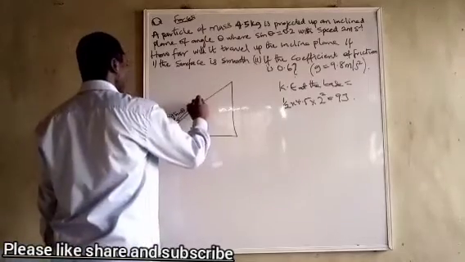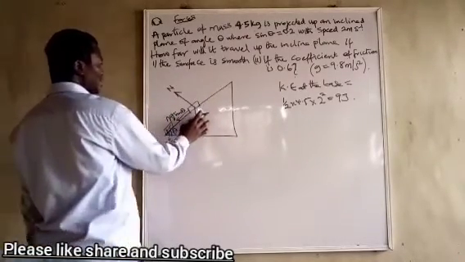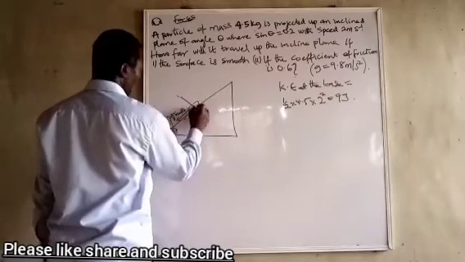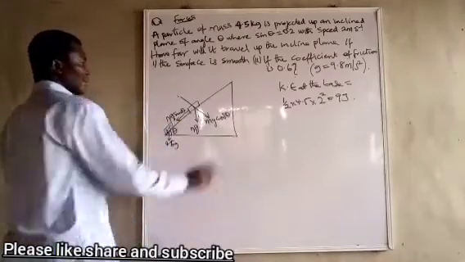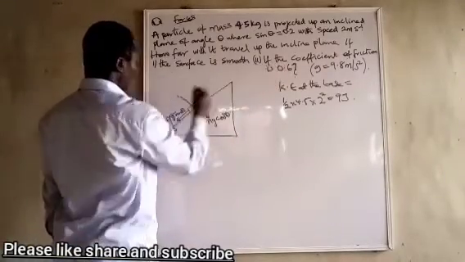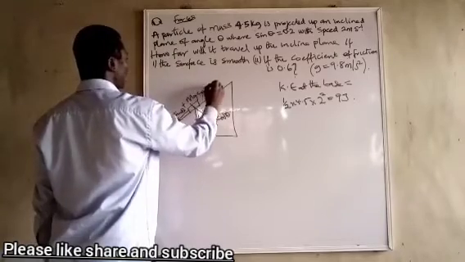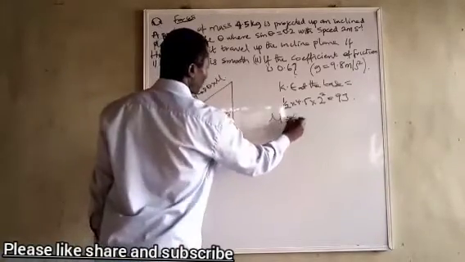At the same time, there is a normal to this surface from the component of the weight, mg cos theta, and you multiply it with the coefficient of friction. So we also have mg cos theta times mu added to this. That is the coefficient of friction.